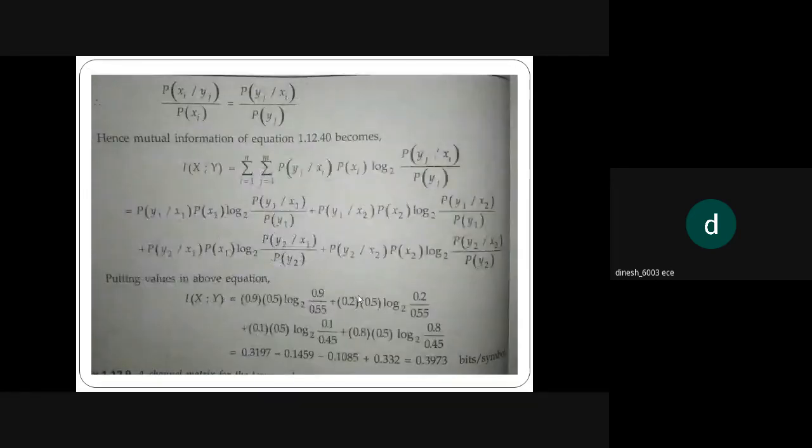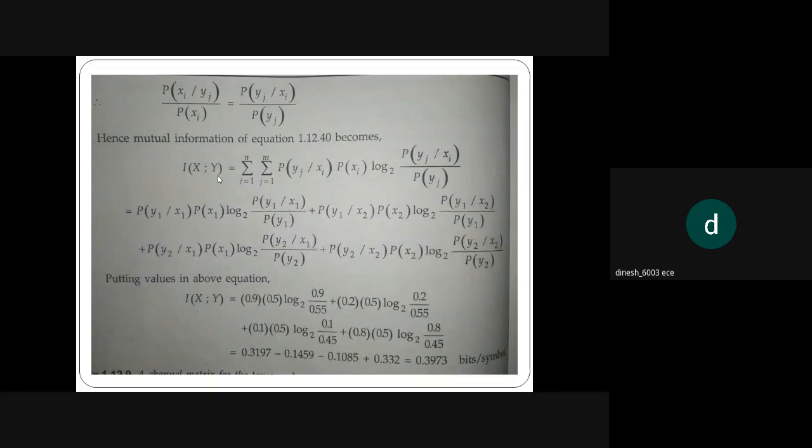No, sir, from this one, drawing the diagram. Is that clear? Yes, sir. Next, this one. Yes, sir. Okay, this is okay from here, right? From I of x is to y. Yes, sir.